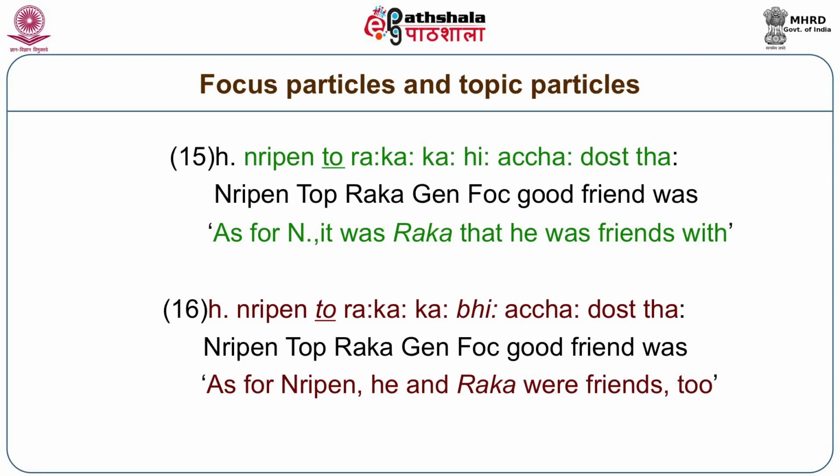It's in the background but is waiting in the wings to be connected to the foreground. In the foreground, in focus, you have Raka, so you get Rakai in Bangla. This is a dissociative focus particle E in Bangla. Or in Hindi, you get Raka ka hi acha dost tha. Again, the dissociative focus particle he.